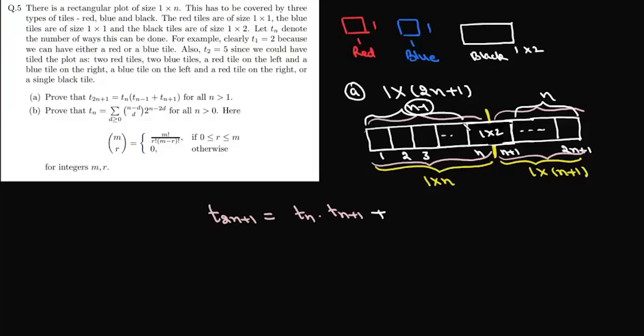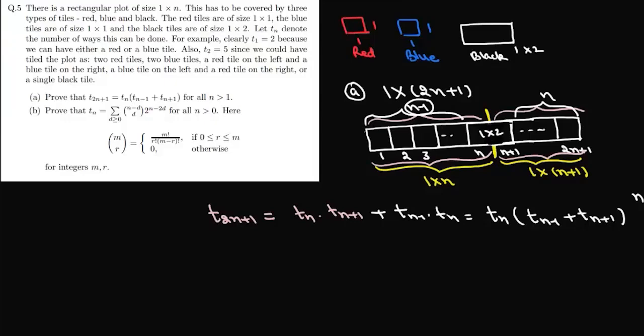The plot of dimension n minus 1 can be tiled in Tn minus 1 ways, and the plot of dimension n can be done in Tn ways. So T2n plus 1 is Tn into Tn minus 1 plus Tn plus 1, which is what we needed to prove for all n greater than 1.